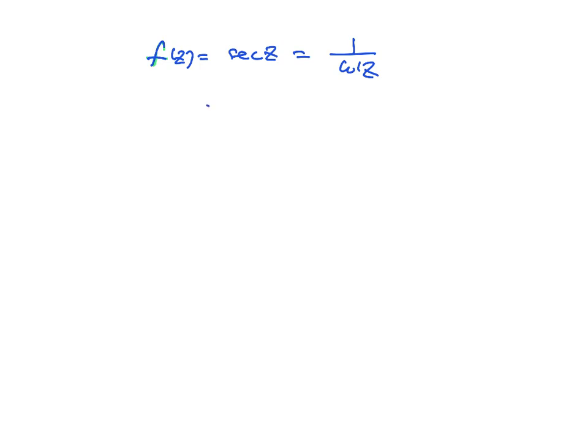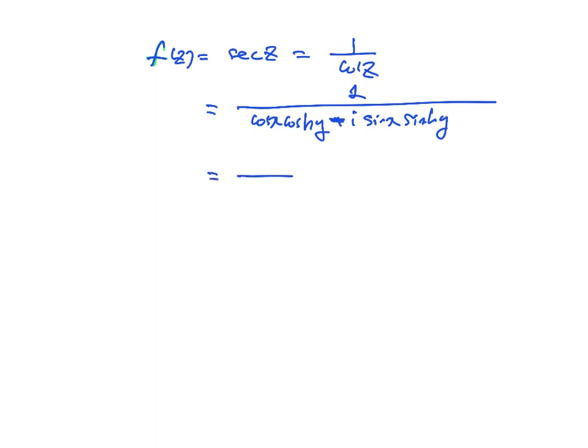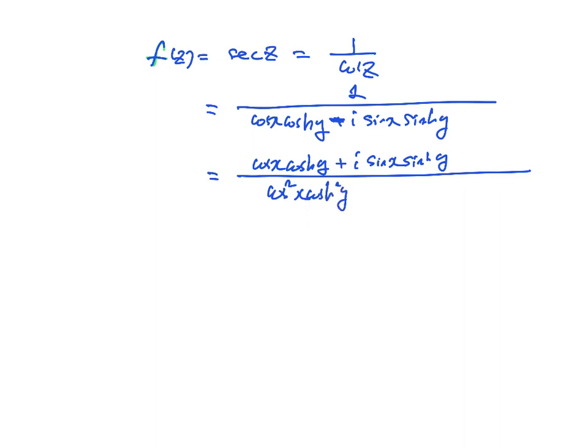So let me check. 1 over cosine x cosine hyperbolic y minus i sine x sine hyperbolic y is cosine x cosine hyperbolic y plus i sine x sine hyperbolic y over cosine square x cosine hyperbolic square y plus sine square x sine hyperbolic square y.